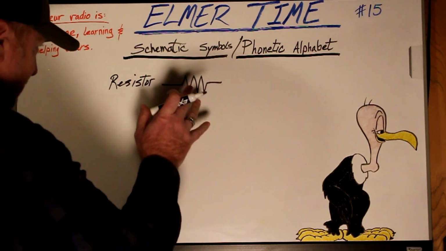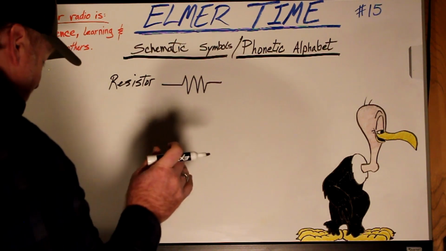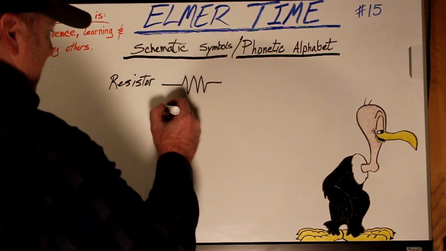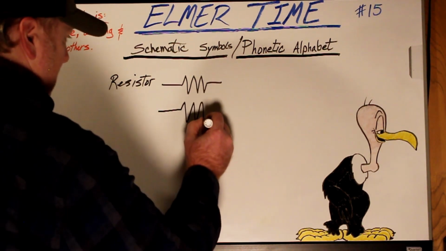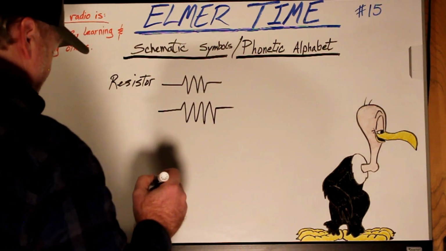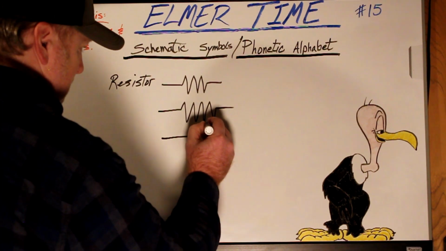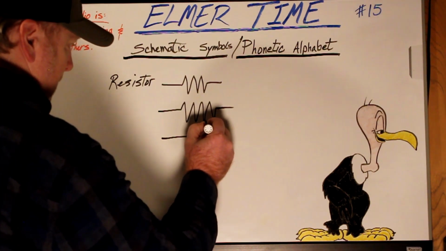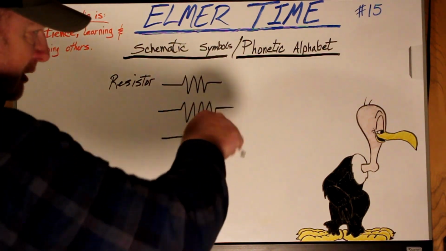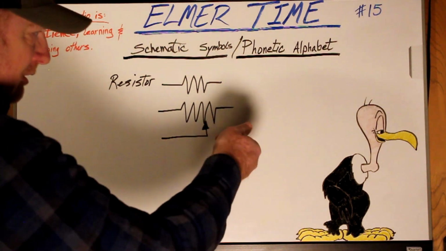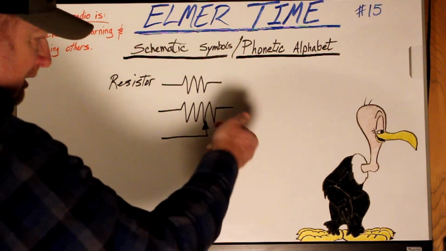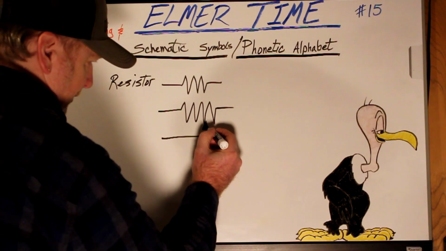Now, there are different kinds of resistors, many different kinds. There are variable resistors. If you were to tune a radio, such as your volume knob, that's probably a variable resistor.